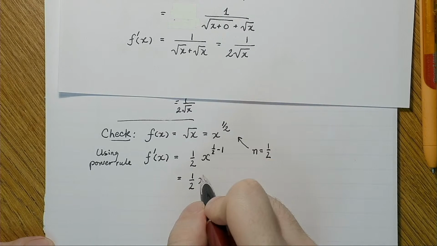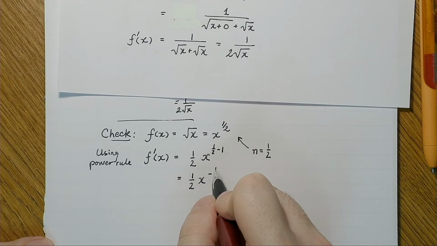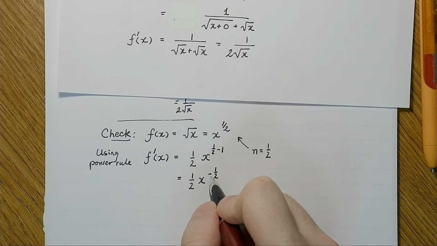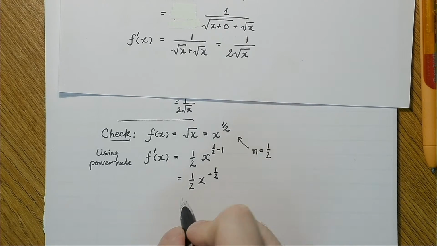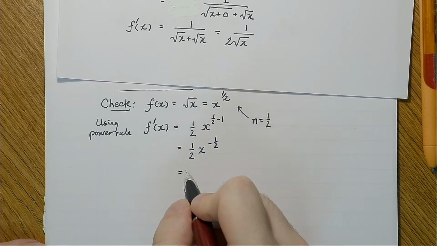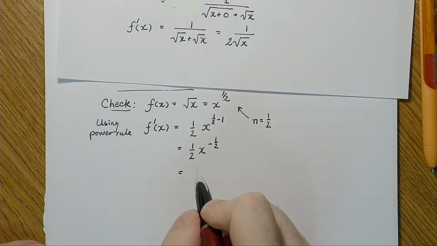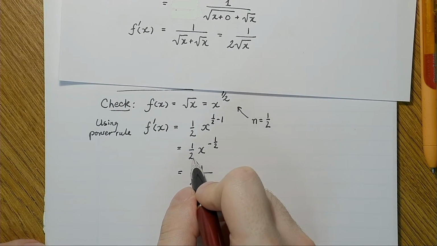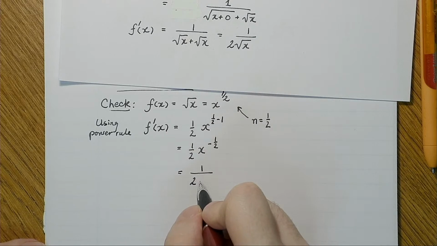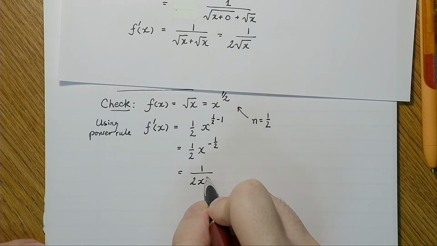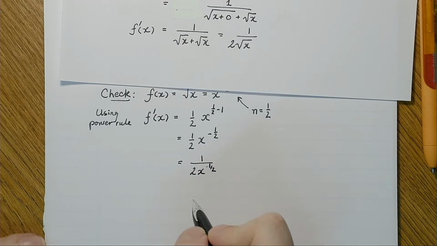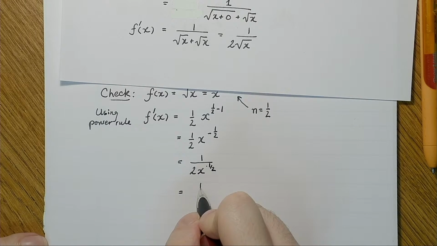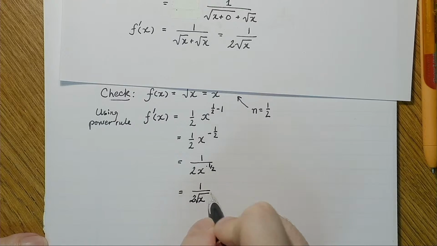So 1/2 minus 1, you have an x to the minus 1/2. And then you can neaten that up by putting this into the denominator so we get rid of the negative exponents. So I get x to the 1/2.